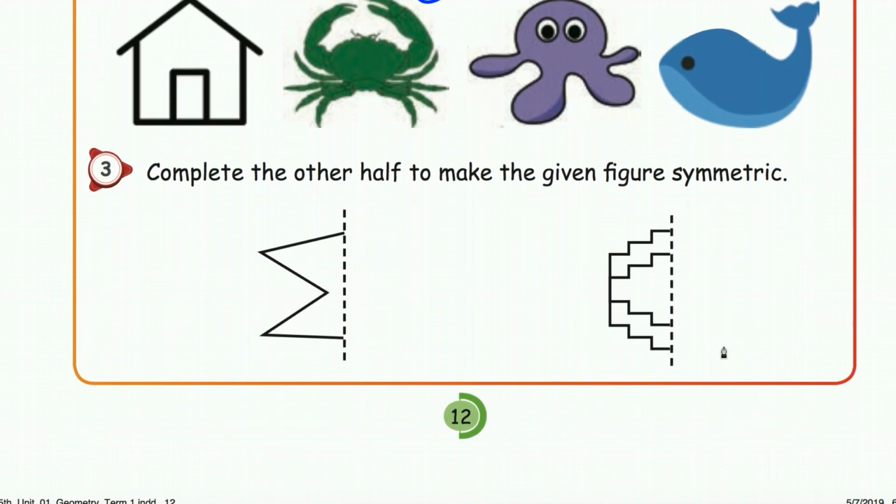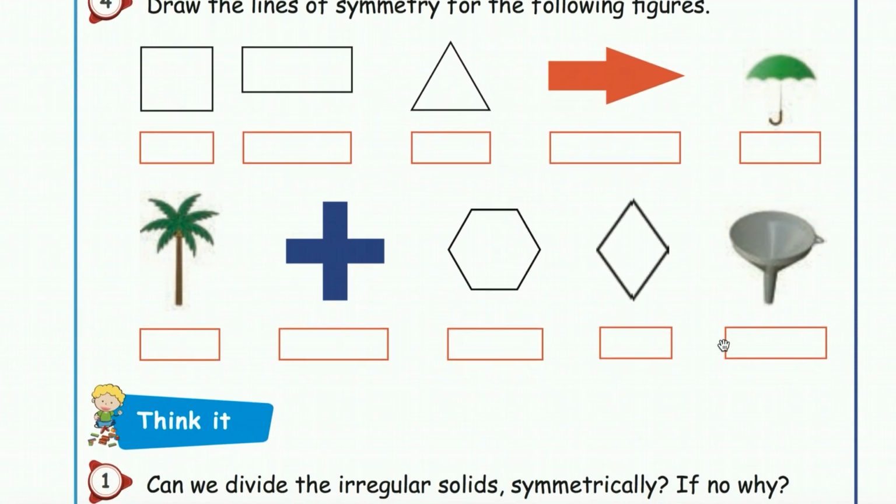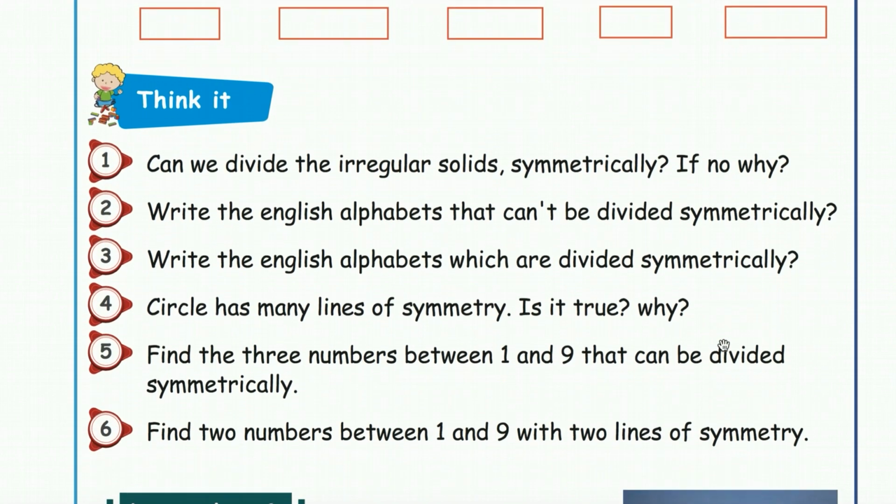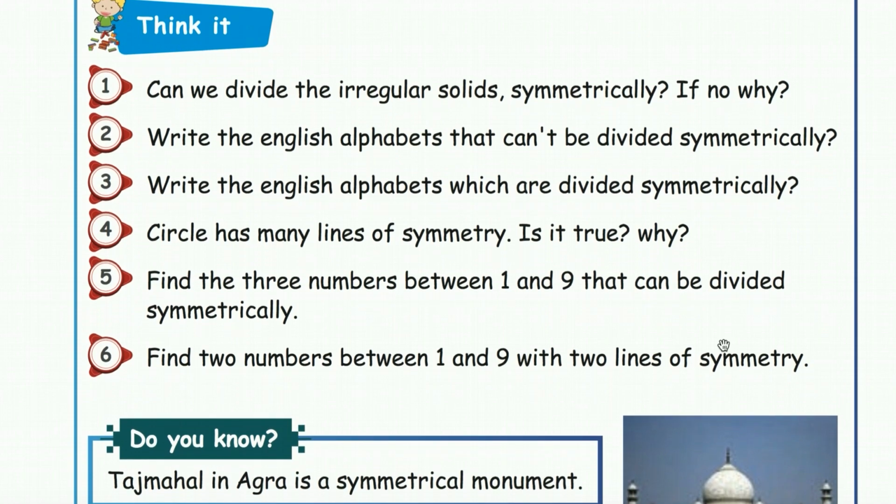Complete the other half to make the given figure symmetric. Okay, that you do. Draw the lines of symmetry for the following figures. That also you do. Can we divide the irregular solid symmetrically?